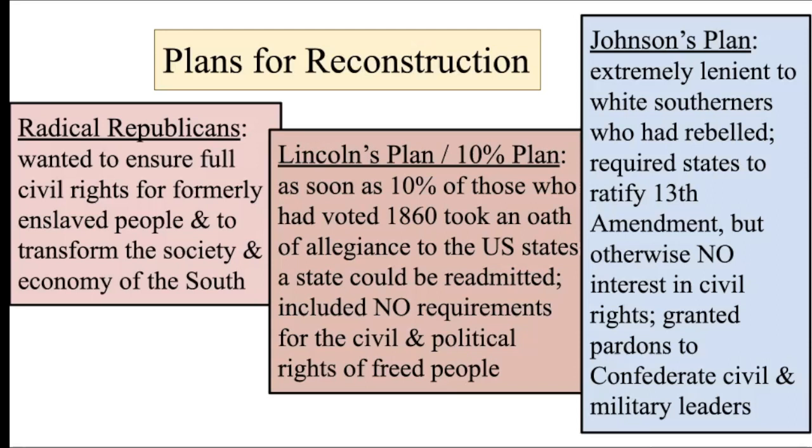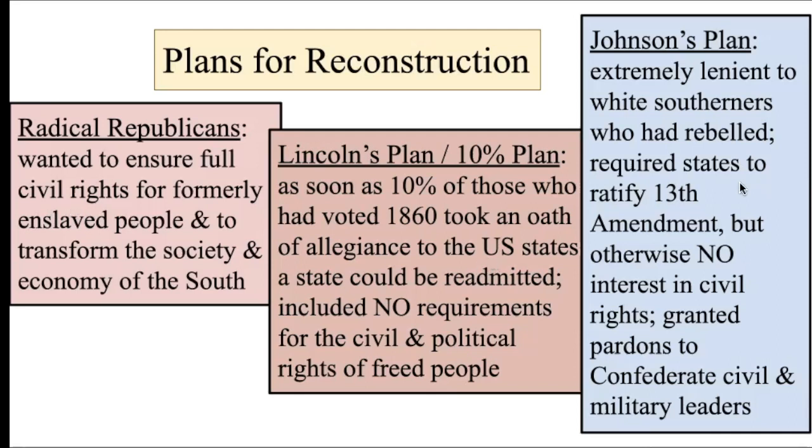Radical Republicans, so here we come to a group in the Republican Party, but not the entire Republican Party at the time. Radical Republican members of Congress saw securing the civil rights of Black people and the reorganization of both the economy and culture in the South to do away with racial inequality as the top priority.